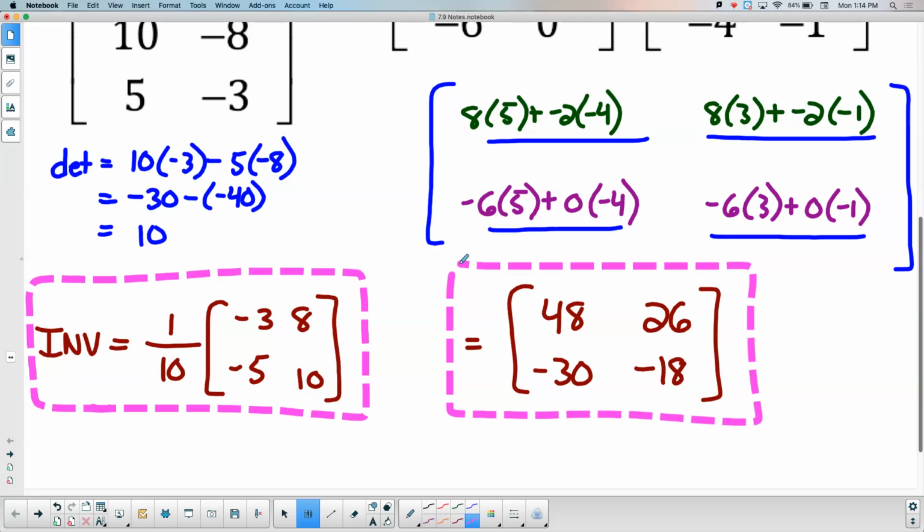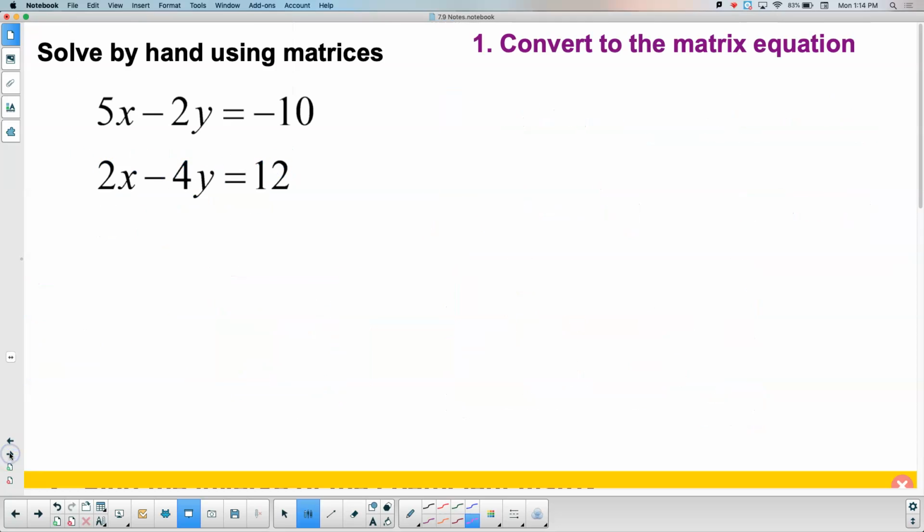Okay, let's get into it. The very first thing that we have to do is take our system of equations and convert it into a matrix equation. A matrix equation is an equation, shocking, that has matrices.